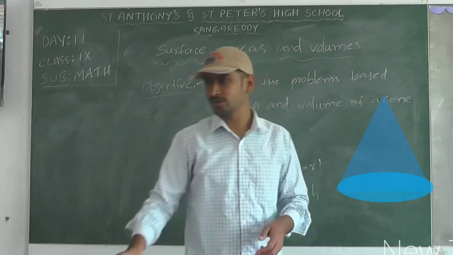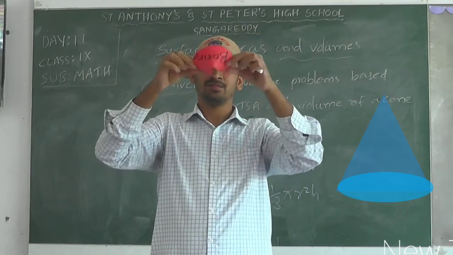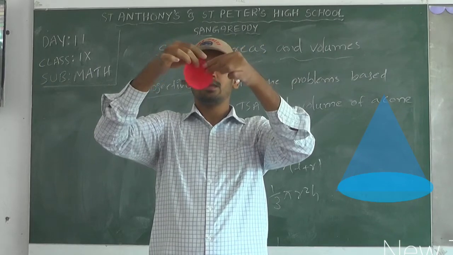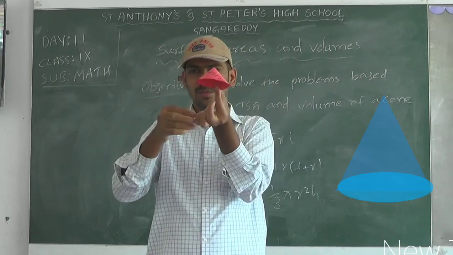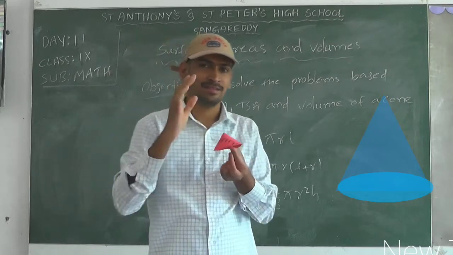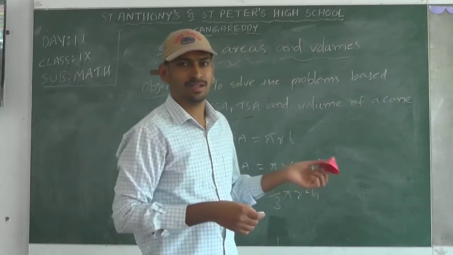So we know already how the cone is. If you fold the sector along its radius, it becomes a cone. For a cone we have three parameters: the radius of the base, the height of the cone, and the slant height. I want to draw on the board.